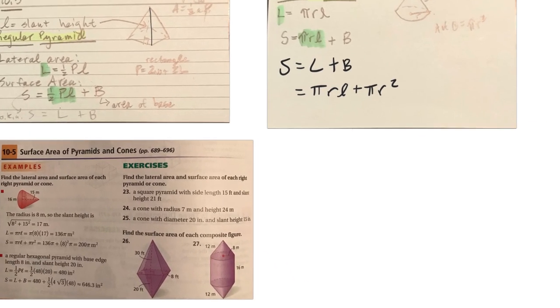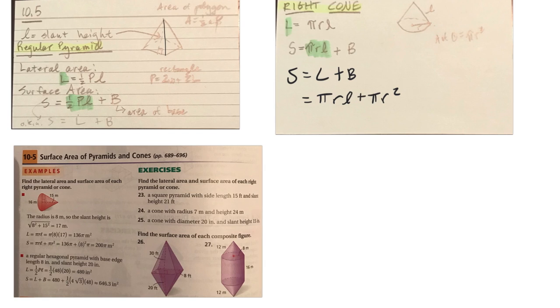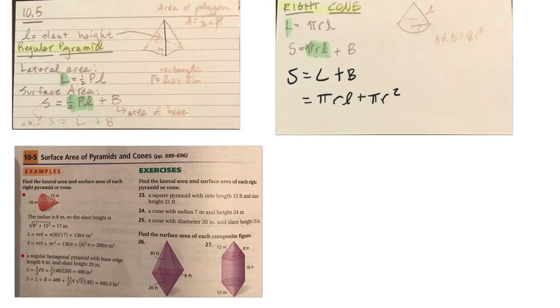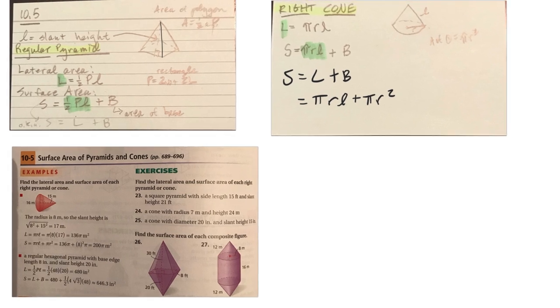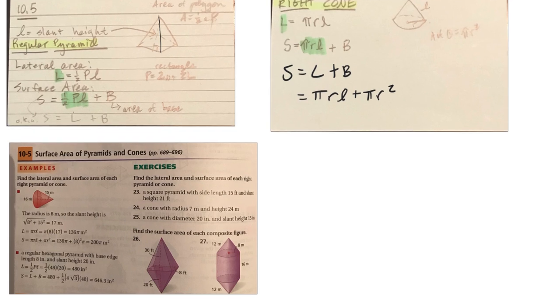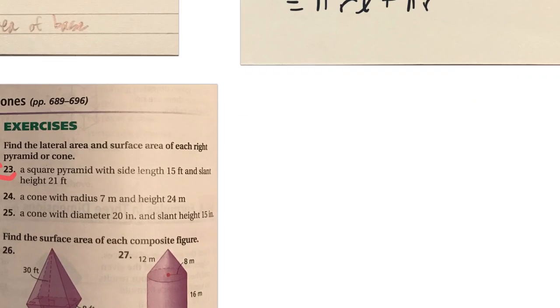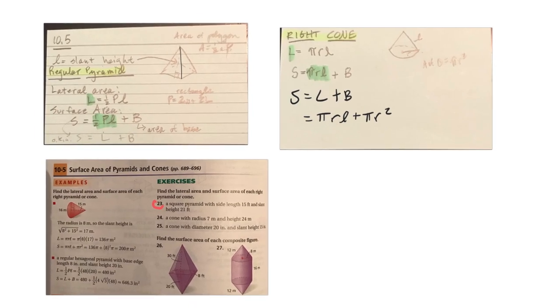Looking at problem number 23, a square pyramid with side length of 15 and slant height of 21. We want to find the lateral area and the surface area of each right pyramid or cone. So diving into problem number 23, a square pyramid with side length 15 feet and slant height of 21.